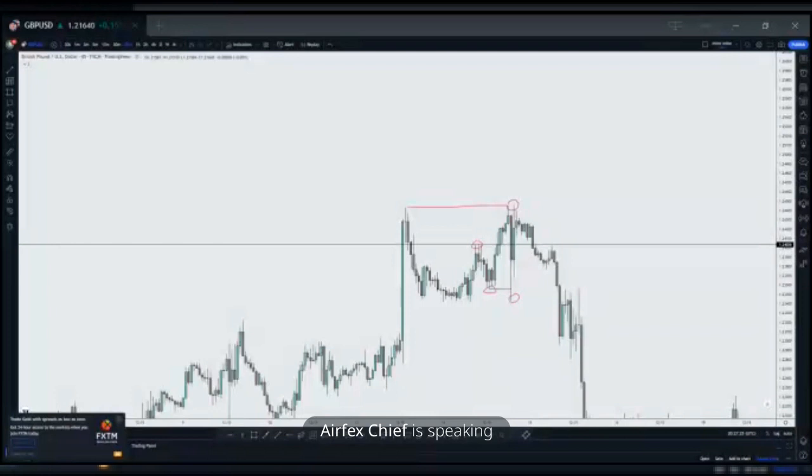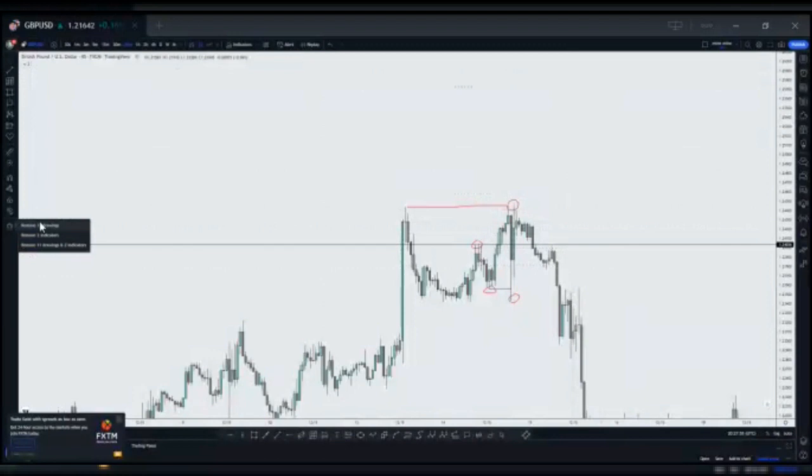Okay, my question is how do we merge the analysis on the DXY, that's US dollar index, with other US dollar pairs and then trade it? Oh, you mean the correlation between DXY and USD related pairs?